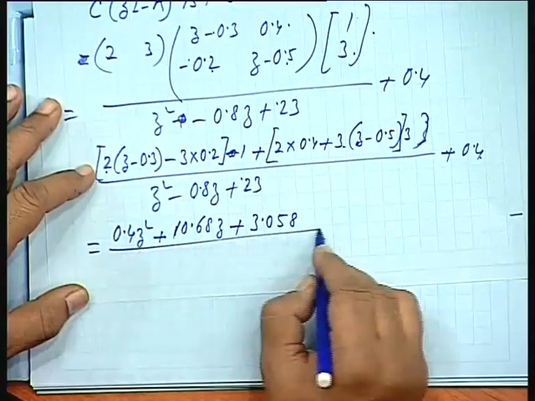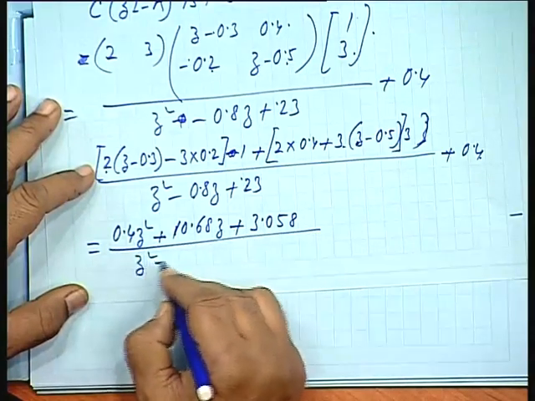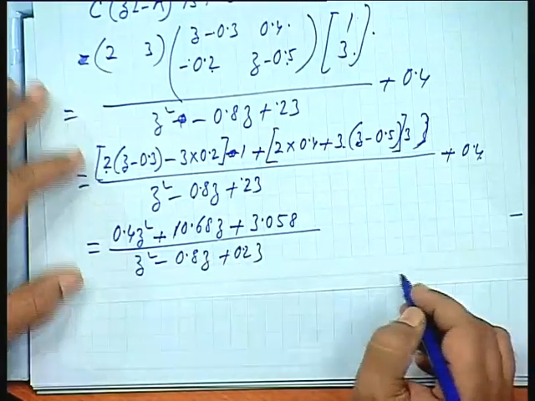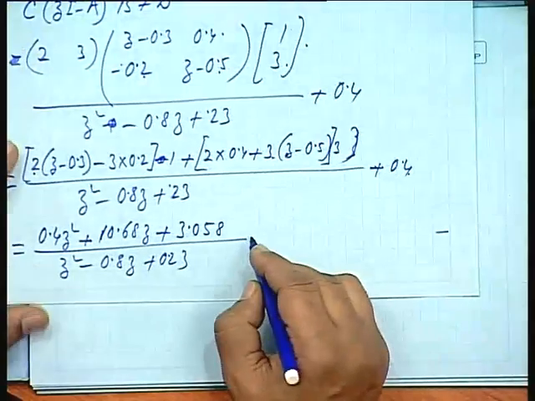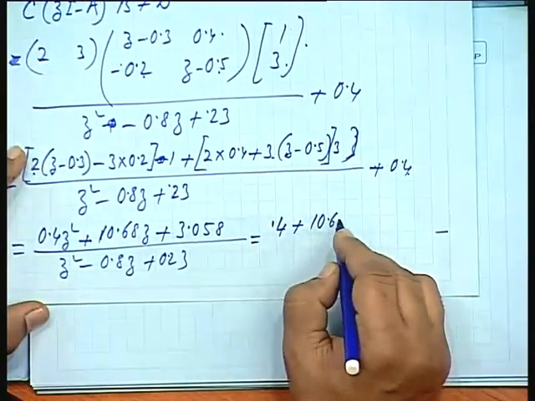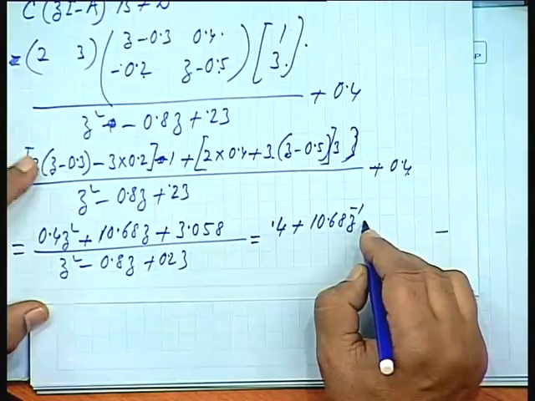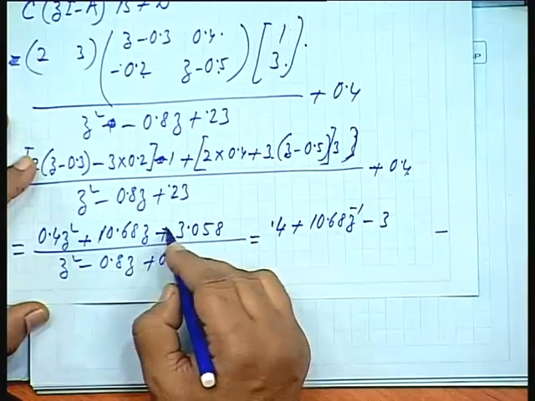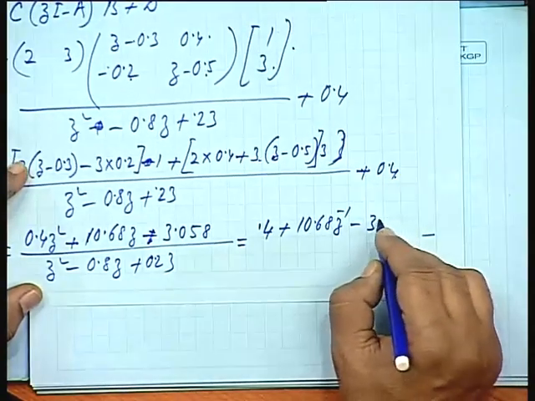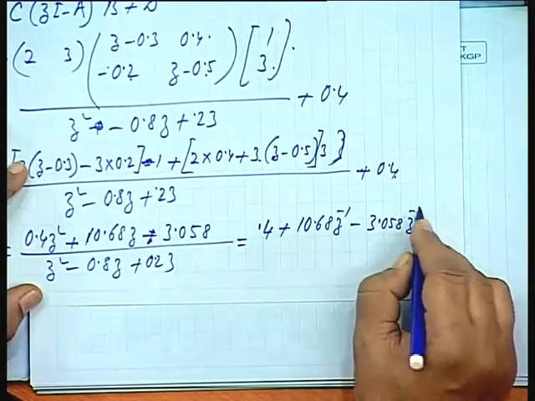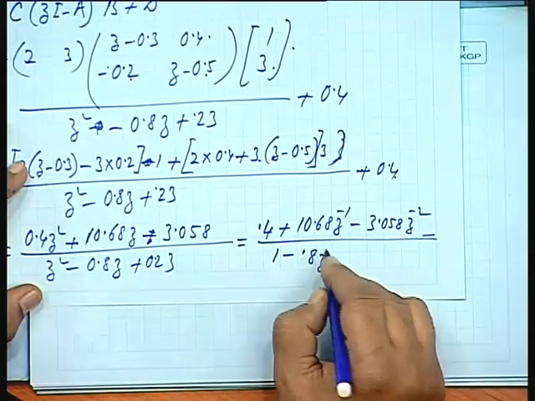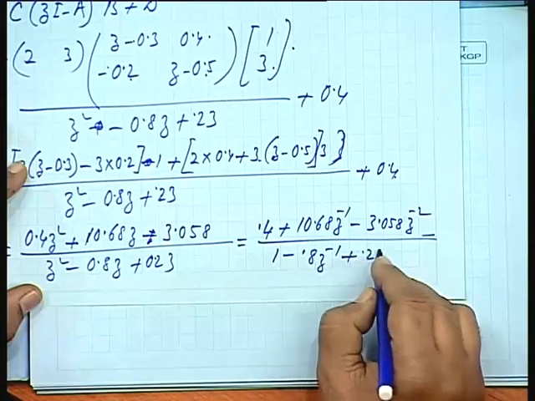I have got this much, I may be wrong, over Z square minus 0.8 Z plus 0.23. So, divide throughout by Z squared. That gives me 0.4 plus 10.68 Z to the power minus 1 minus 3.058 Z to the power minus 2, divided by 1 minus 0.8 Z inverse plus 0.23 Z to the power minus 2.